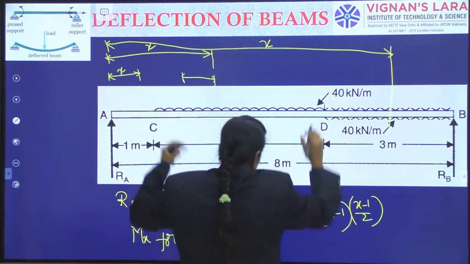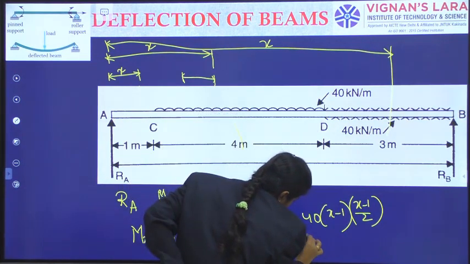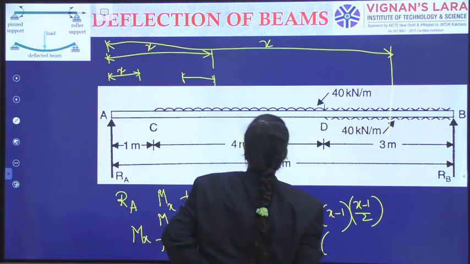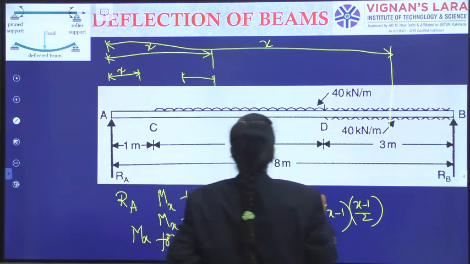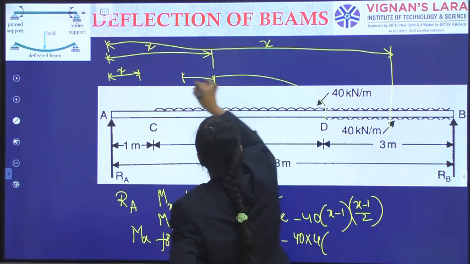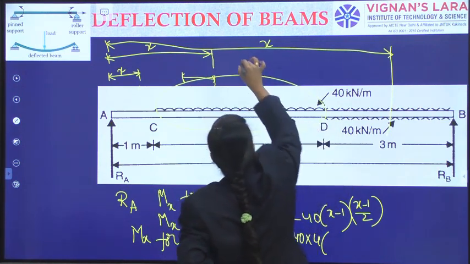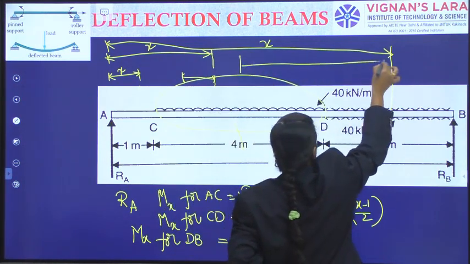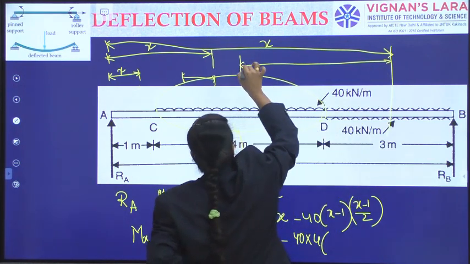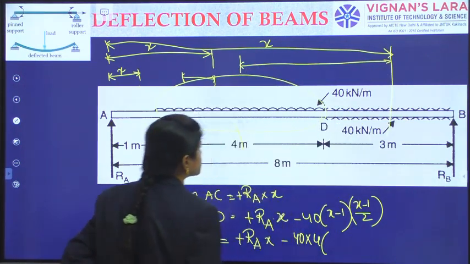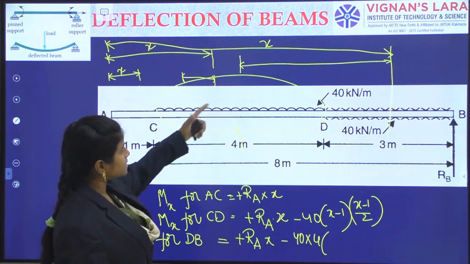So only this UDL is there: minus 40 into 4 into how much? It is spread up to this length, and from the center to this measurement I should write the perpendicular distance.